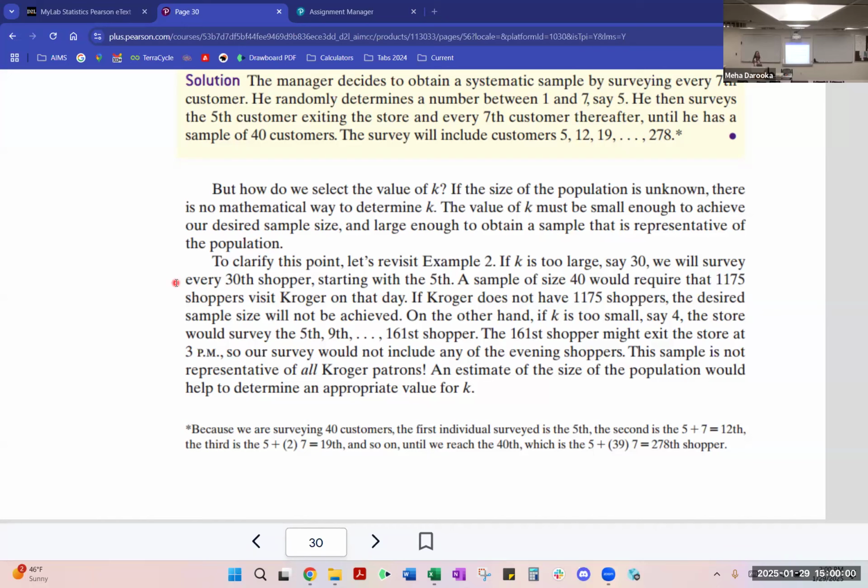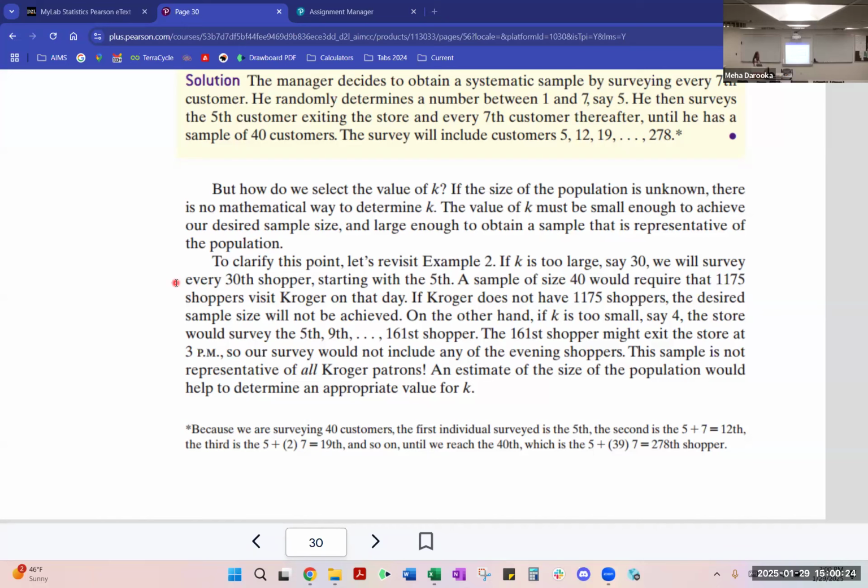Not to mention the manager is just standing there waiting for the 30th customer to step out, which in my opinion is a major waste of time. So 30 as a K value would not be appropriate. If Kroger does not have 1,175 shoppers, then of course you would not even achieve the sample size you wanted for that day. So that again wouldn't be too handy.